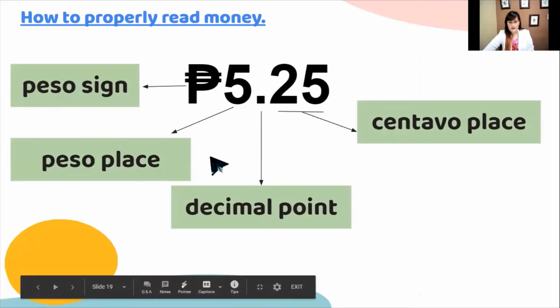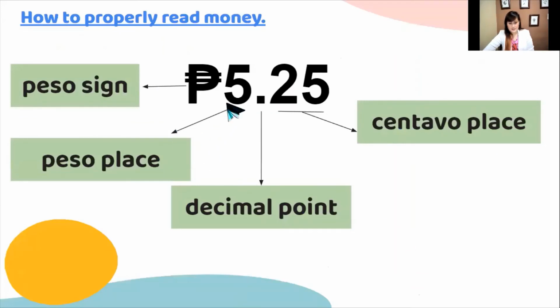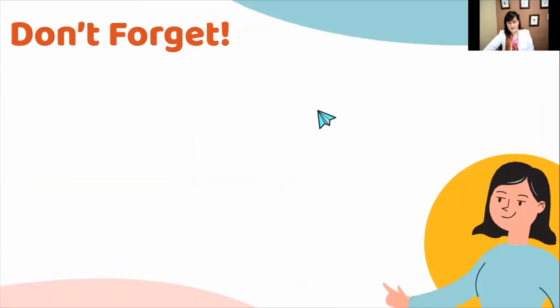So again, we have peso sign, peso place, decimal point, and centavo place. And we read it as 5 pesos and 25 centavos. Again, 5 pesos and the decimal point is and 25 centavos.